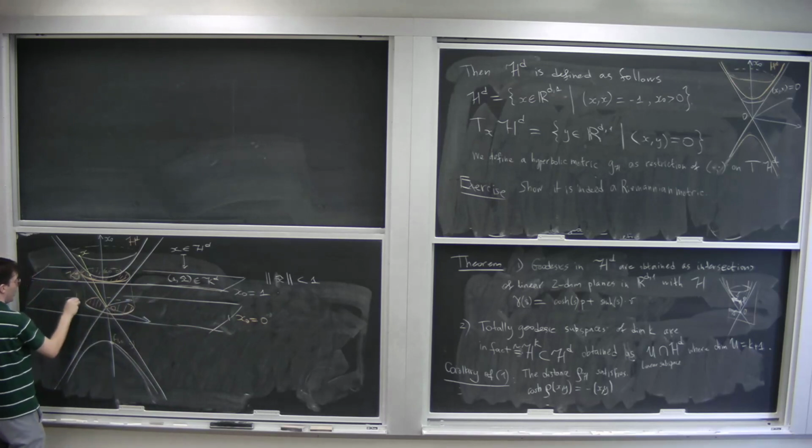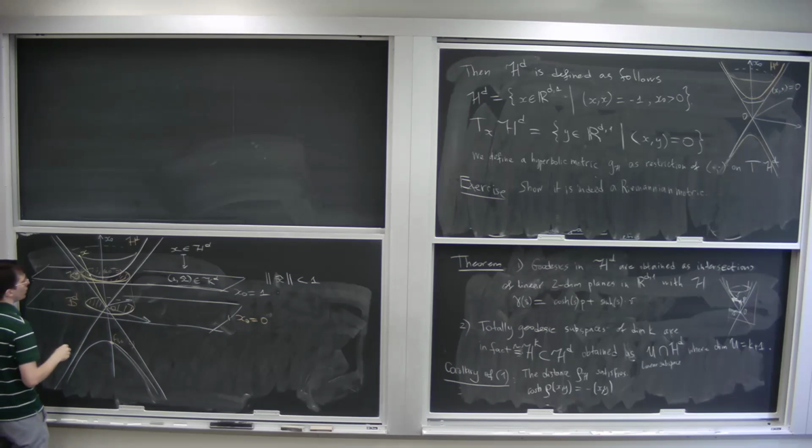Now it's indeed the ball B^d, and the projection from this model to the ball model goes, well, it shouldn't be the orthogonal projection, it's another projection.